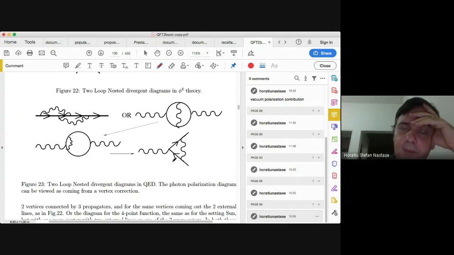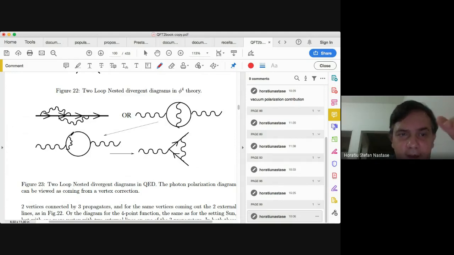propagator. Now, to understand what's happening here, imagine moving this photon. This is a diagram, so it doesn't really matter where I put it, because you integrate over things. But imagine that I draw it a little bit to the left, something like this. It's the same diagram, just drawn a little bit differently.